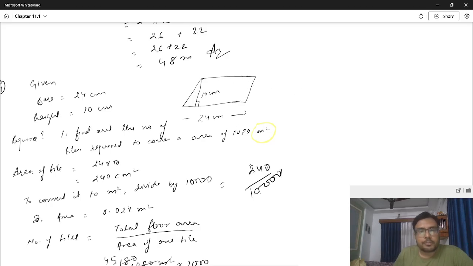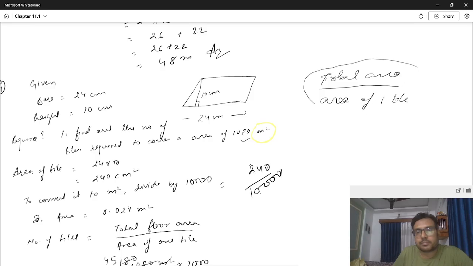We are required to find the number of tiles required to cover the area of 1080 meter square. So total area divided by the area of one tile will give you the number of tiles.